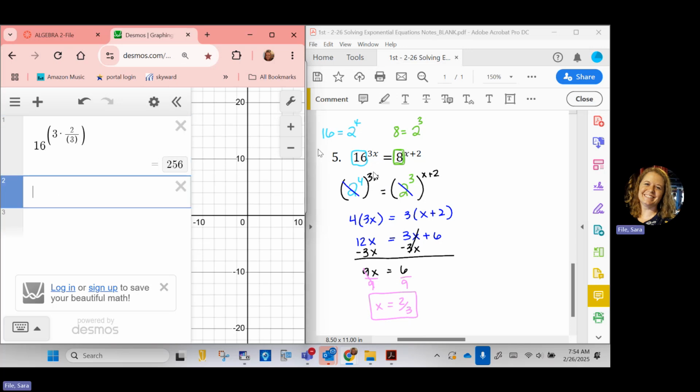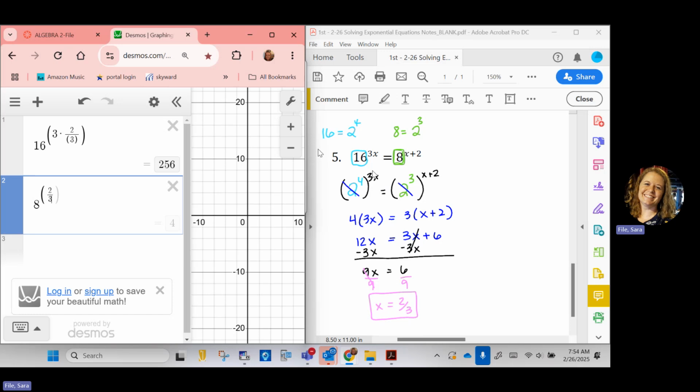And then check the right side, 8 to the power, and we said it should be 2/3, and then that's supposed to be plus 2. Also comes out to 256. So the left side and the right side come out equivalent when I plug in 2/3. So that means 2/3 is the solution. It makes the equation true.